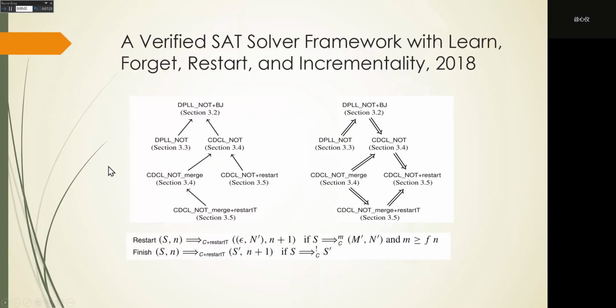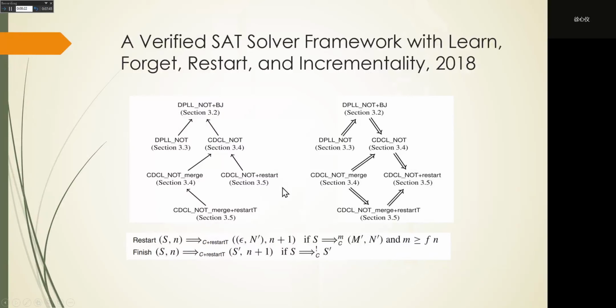We can also find a paper named Verified SAT Solver Framework with Learn, Forget, Restart, and Incrementality that shows the relationship between different strategies.